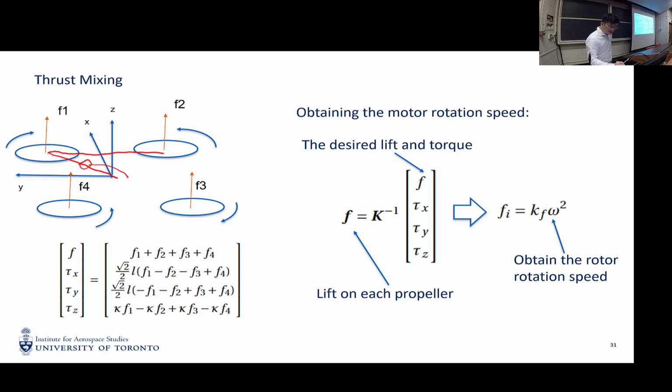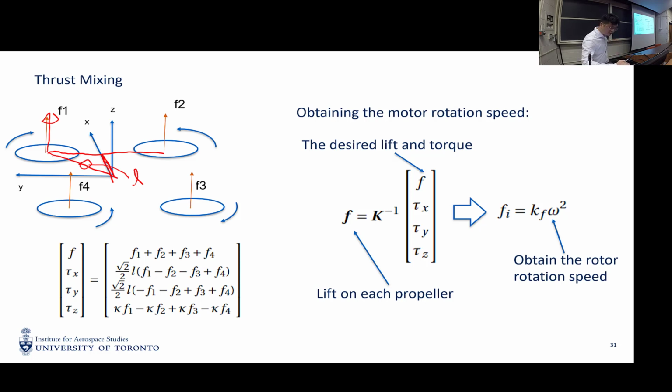This length is L, right? And since we only have four rotors, because we have a lift here, it creates a moment around the center of mass.